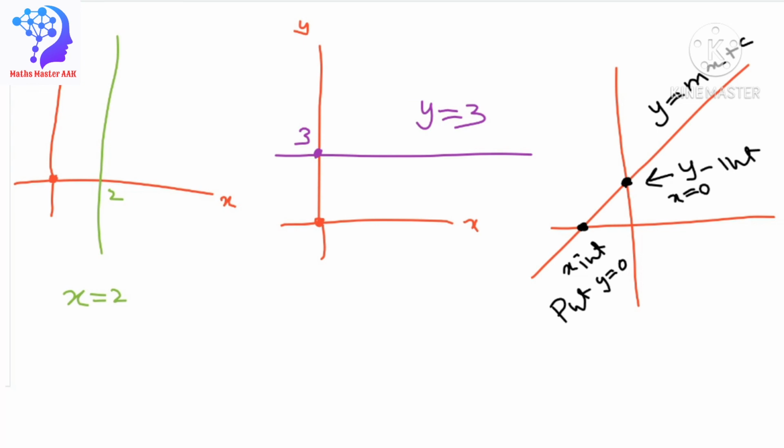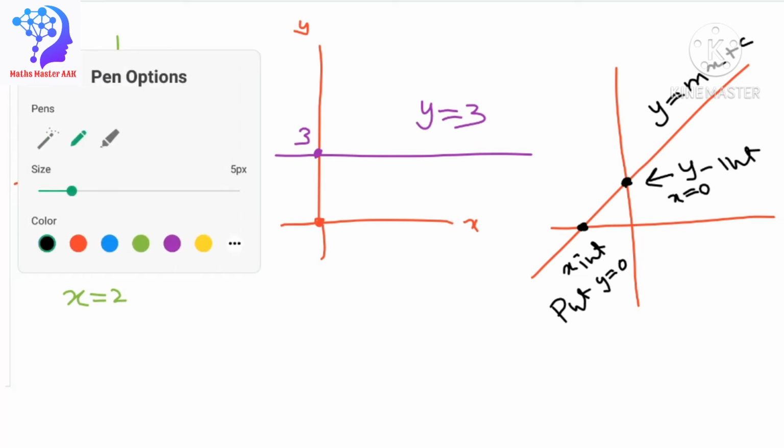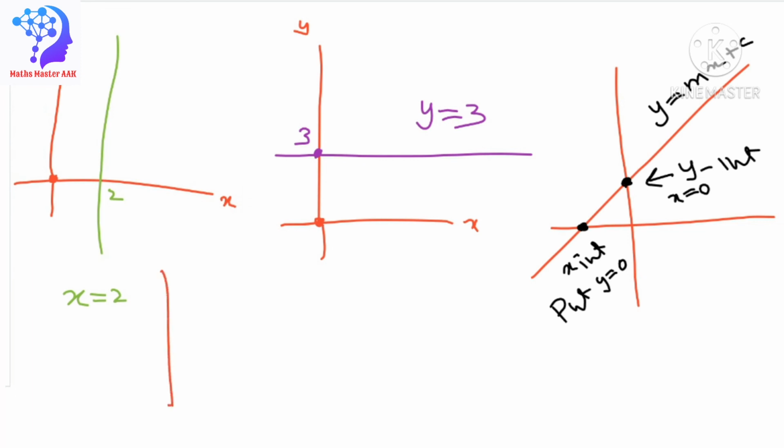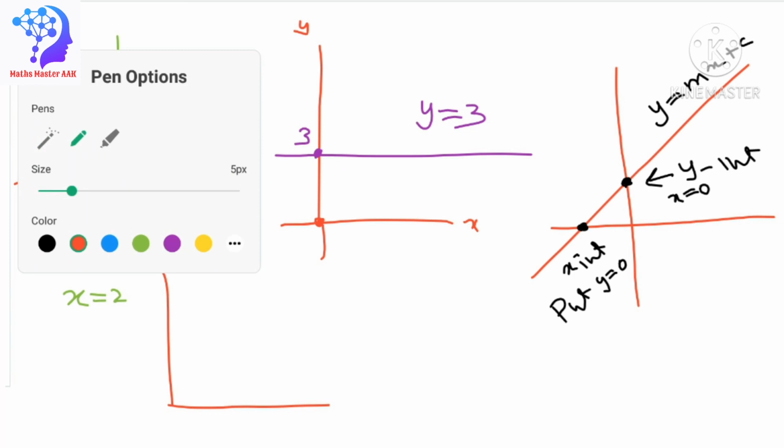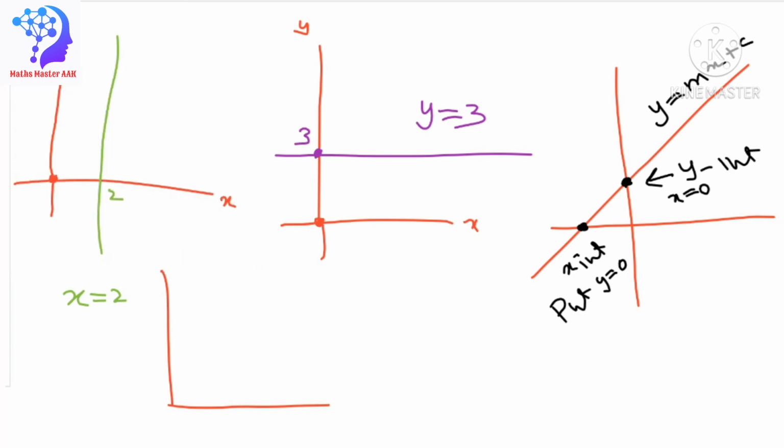And some more interesting equations. If the line passes exactly through the middle of this graph, this one is called y is equal to x.